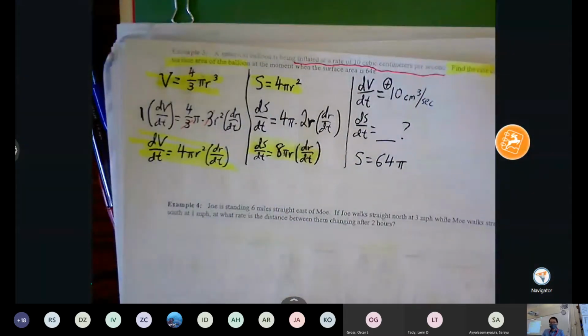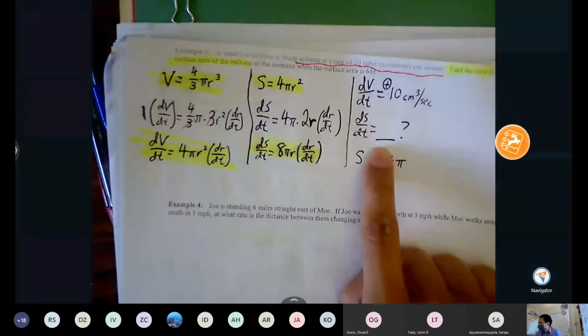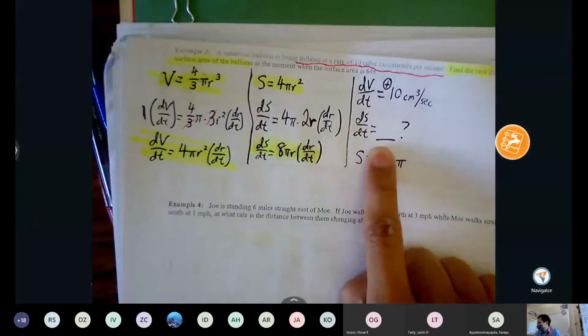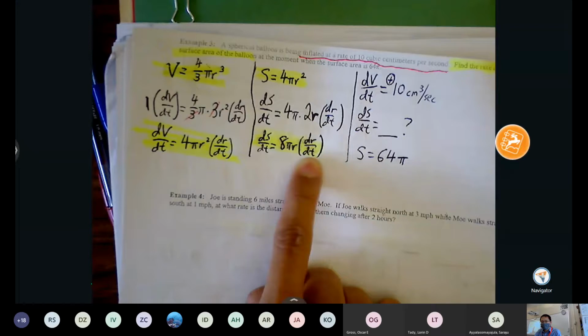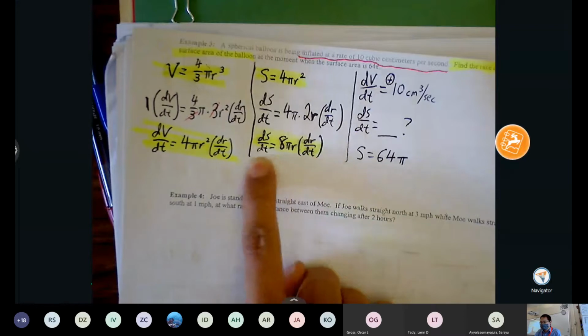All right. We have everything that we need to solve for dS/dt. Now it's just a matter of piecing this puzzle together. Okay, let's look at our problem here. Let's start at the end, right? We know we're looking for dS/dt, so we have an equation here. What information do we need to find dS/dt?